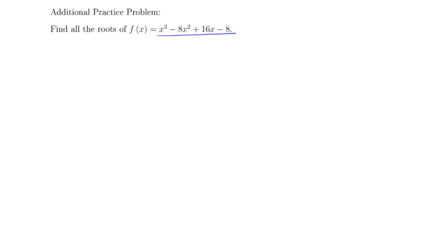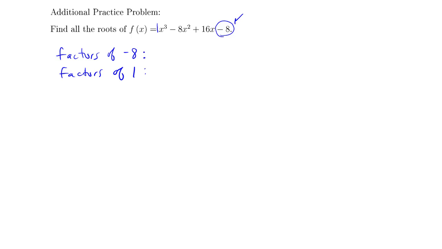Okay, so I take a look at this polynomial, and I see that it has a leading coefficient of 1, and it has a constant coefficient of -8. So I want to look at the factors of -8 and the factors of 1.